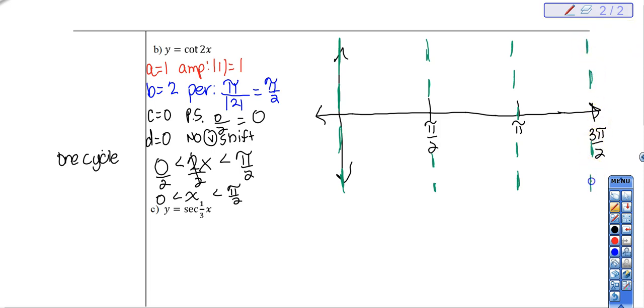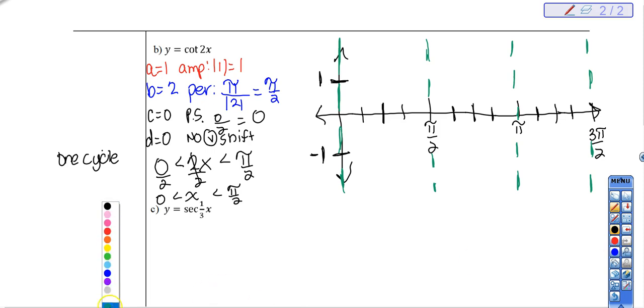So it looks like I'll get 3 cycles here in my picture. And then what you just need to do, we'll put your pi over 4 in there, and then just cut that distance in half so that you have 4 equal distances between each cycle or each set of asymptotes. And I'll put my amplitude in here, my -1 and 1.